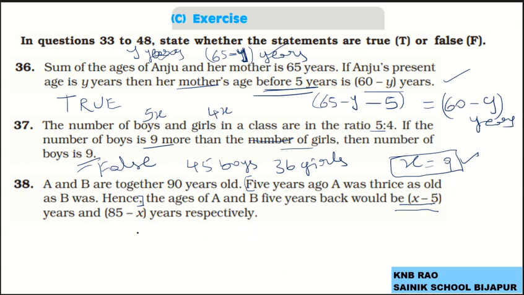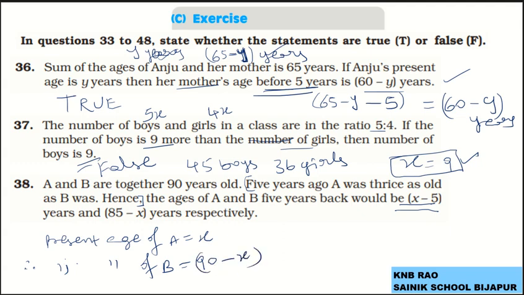So, let us first start with present ages. Present age of A is x, therefore present age of B will be 90 minus x, because the sum of their ages is 90 years together.